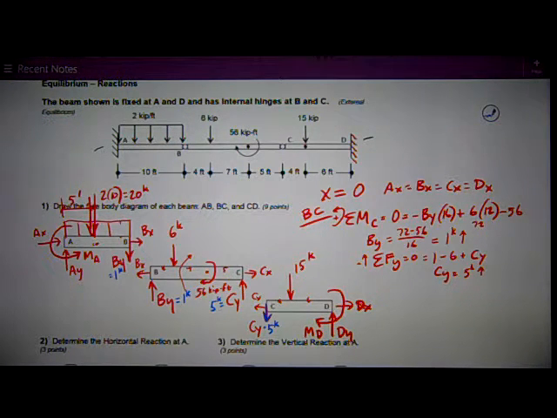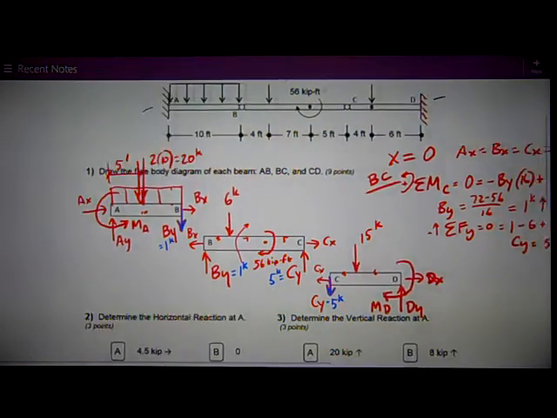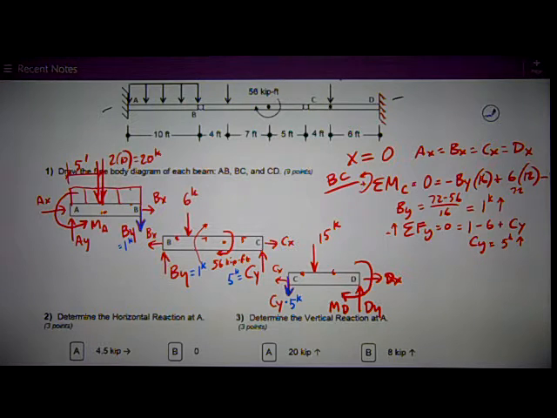So now I'm ready to solve for the reactions at either end, at A and at D. So let's go over here and look at A. On AB, I would have sum of forces in the Y, which is really easy.